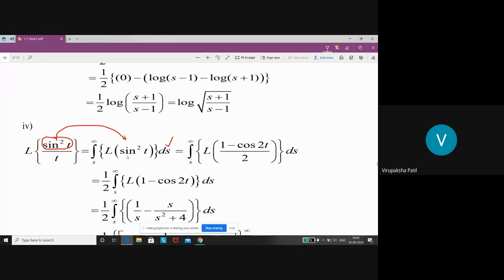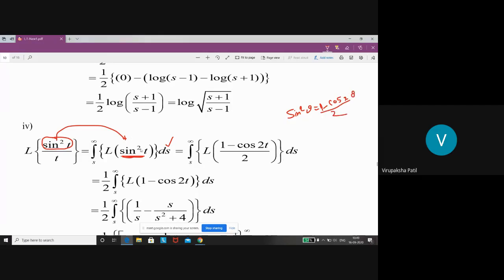Now sine square t is not in the standard form, because of the presence of this square. So using the standard formula, sine square theta is equal to 1 minus cos 2 theta divided by 2.